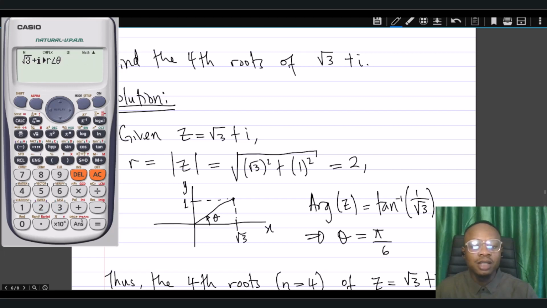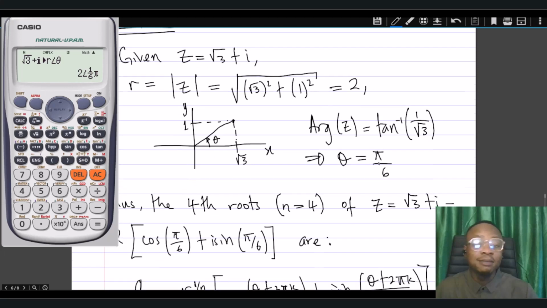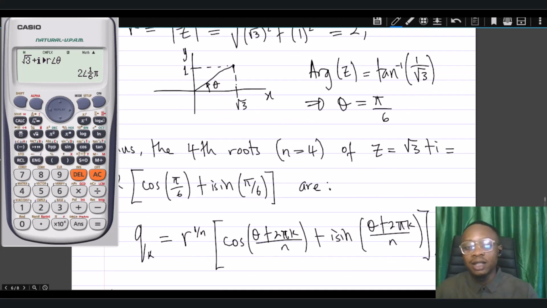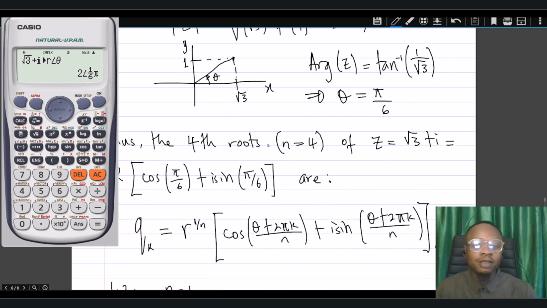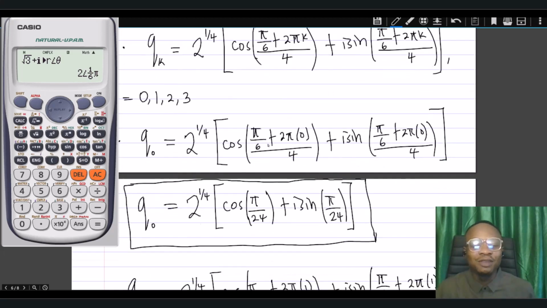So it tells you that the modulus is 2 as we have obtained, and the argument is pi over 6. So this could have been sorted directly like that with the calculator. I've shown it here because I want to show you how everything works as we've been doing so far. So we just use the calculator now to verify this.